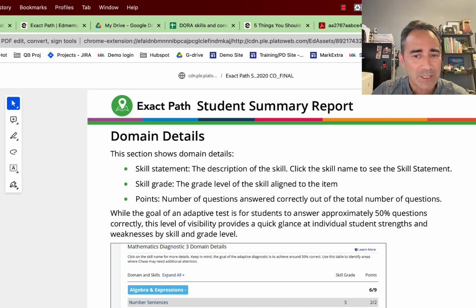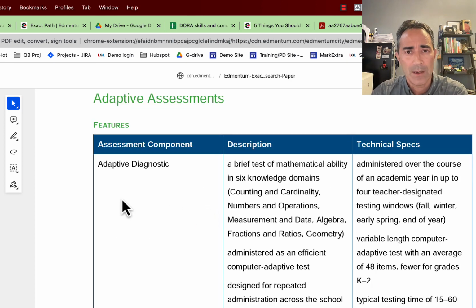But this domain is key, because when you dive deeper into their research paper, they say the adaptive diagnostic, for instance in math, looks at 6 knowledge domains: counting and cardinality, numbers and operations, measurement and data, algebra, fractions and ratios, and geometry. Those are the 6 domains they use to place students.